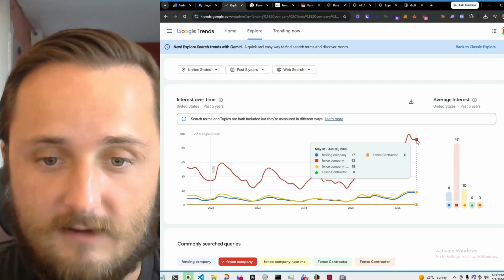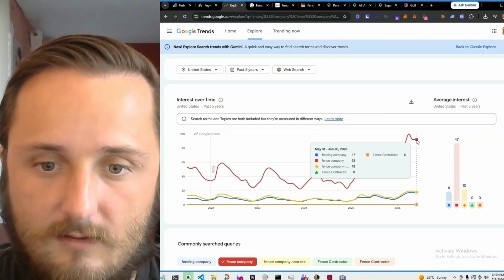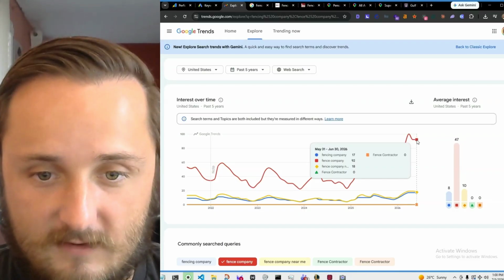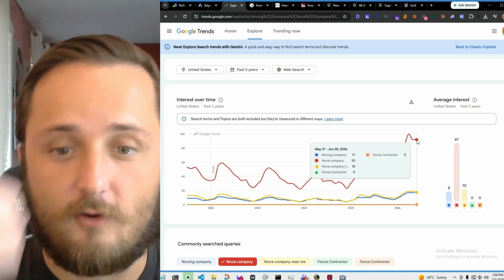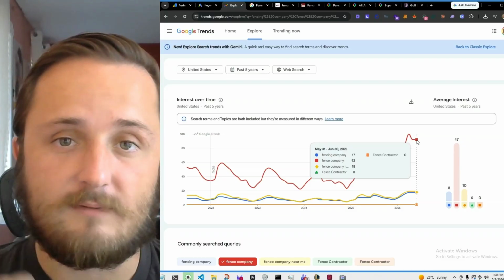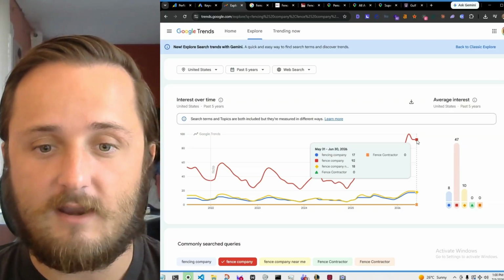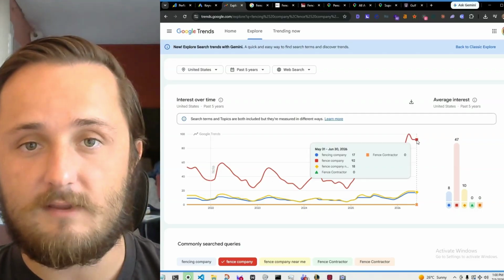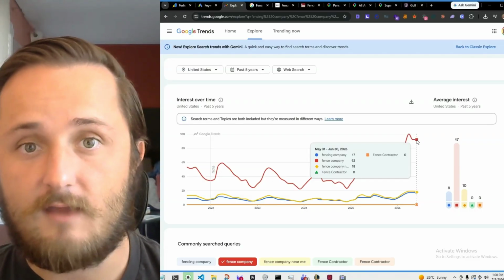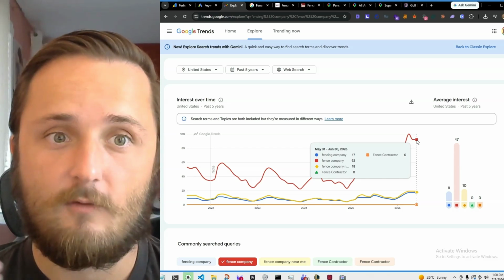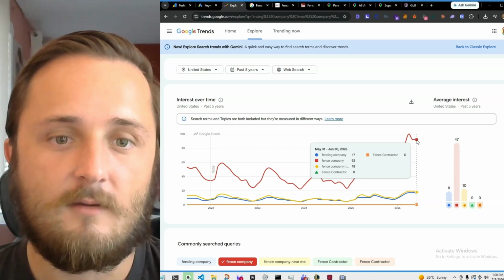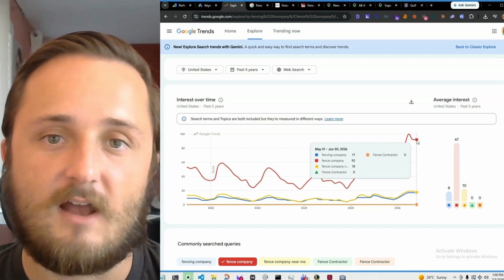So, right now, it's currently peaking. Then we also have fencing company, and then we also have fence company near me. So to me, I'm getting an understanding of this current data that I want to be targeting fence company as my top level keyword. Now this may change when we look at some other data, but currently that's the top level keyword I'm considering targeting.